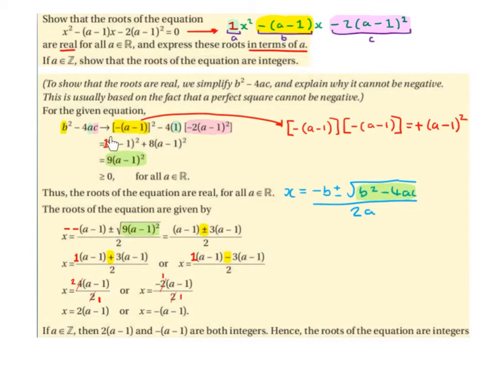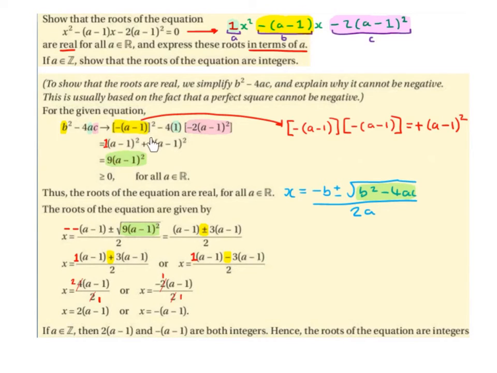So plus (a minus 1) squared is technically plus 1(a minus 1) squared, so I'm going to stick a 1 in there in red. Then 4 by 1 by 2 is 8, and a minus by plus by a minus is a plus.